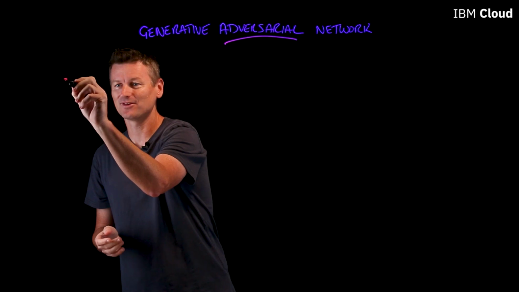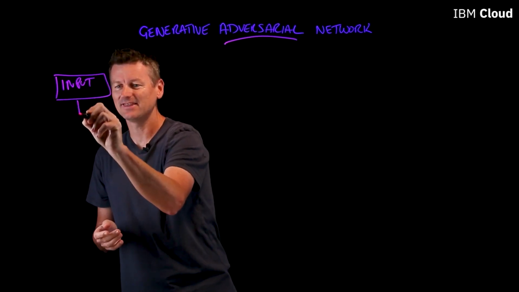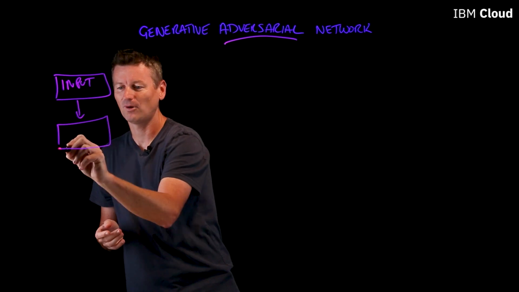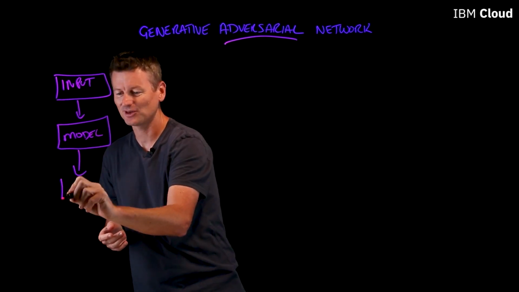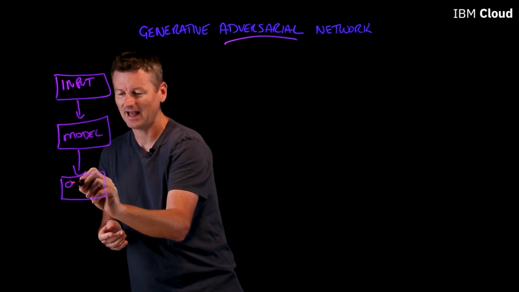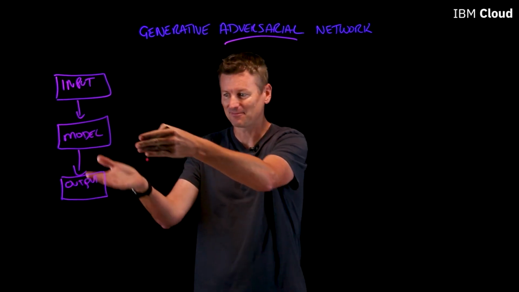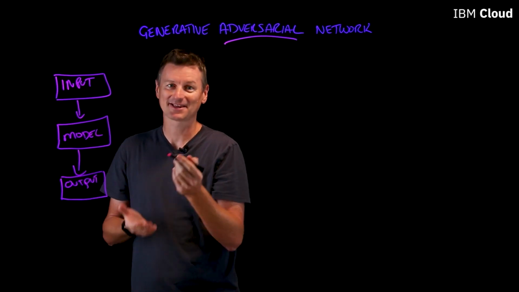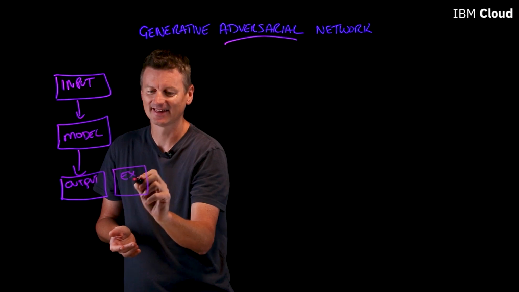So we start with some input training data, and we feed that into our model. Our model then makes a prediction in the form of output. And we can compare the predicted output with the expected output from the training data set.